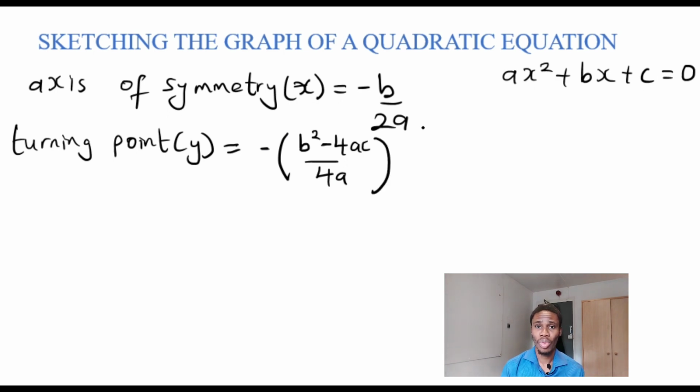Now, to be able to know whether your turning point is at a maximum value or at a minimum value, you check the value for a. So if a is greater than 0 or positive, because any number greater than 0 is positive, your y occurs at a minimum point.